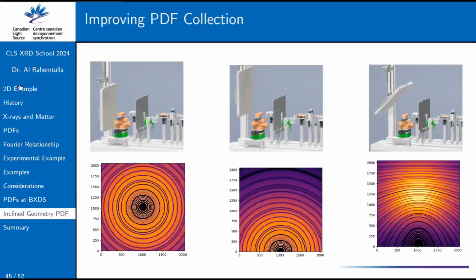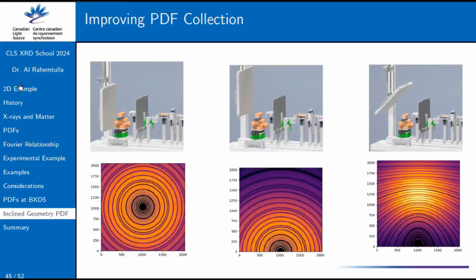So they needed low Q, but also high Q for PDF. So we actually raised the detector up to the bottom edge and collected that, and it worked out really well. But then we can think to ourselves, what if we take it a step further? What if we tilt the detector, so that we still have that same distance, but now rather than just collecting some angle here, we can actually collect all the way out to 90 degrees.